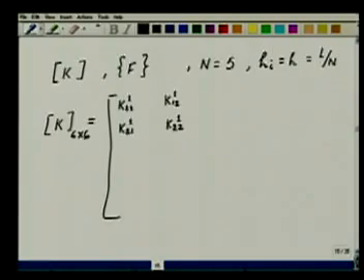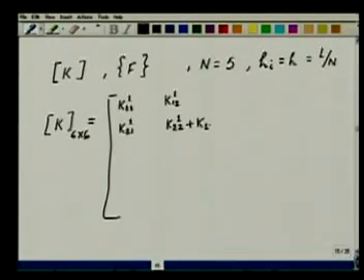Let's go to element 2. Where will it add up? So element 2, if you see, the phi 2 and phi 3 are non-zero in element 2. So where will the K11 of element 2 add to? It is going to add to this one, K11 of element 2. Similarly, you will have K12 of element 2 here, K21 of element 2, K22 of element 2. Then I go further, look at element 3. For element 3, phi 3 and phi 4 are non-zero, so it only contributes to the third and fourth rows and the third and fourth columns.